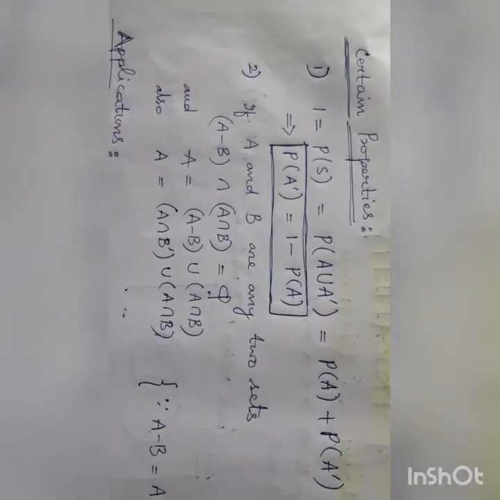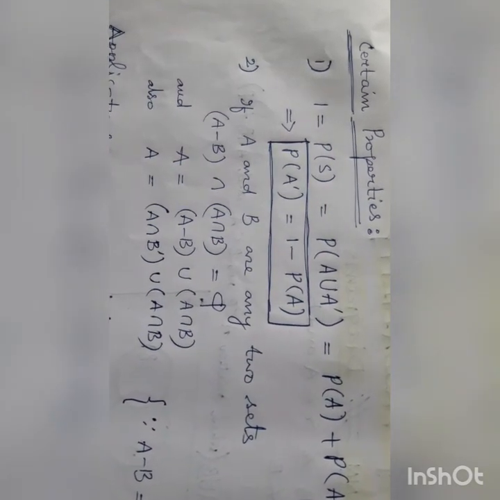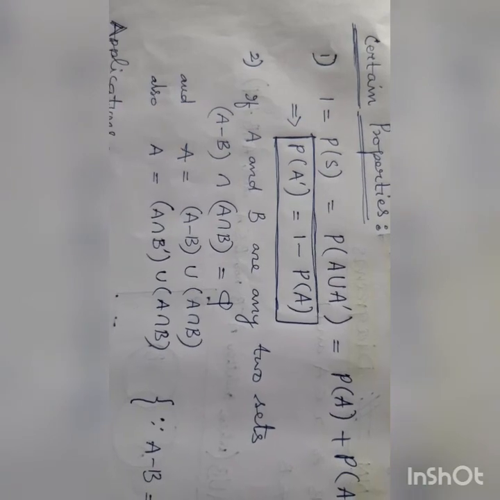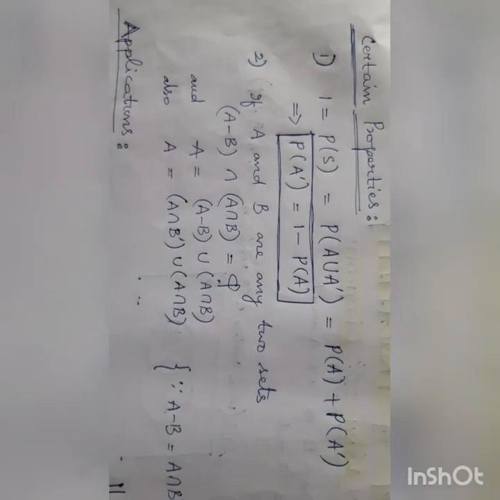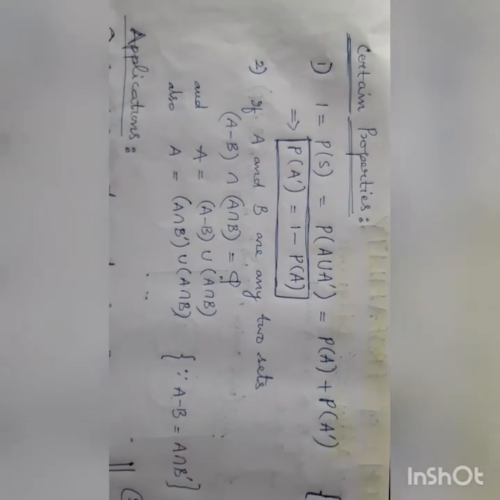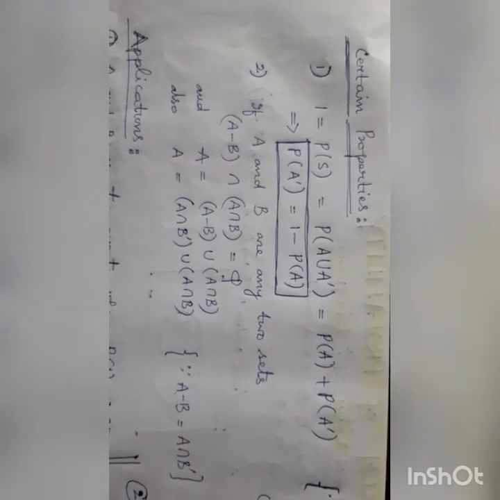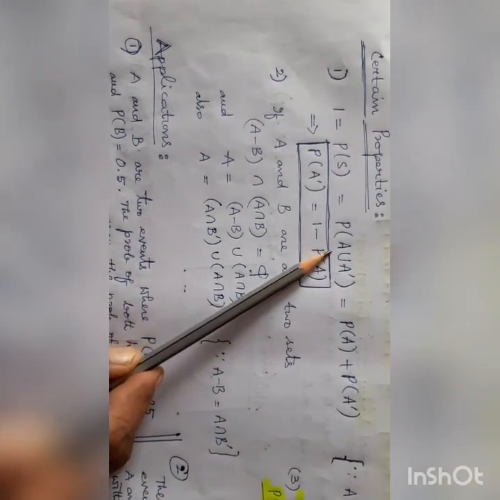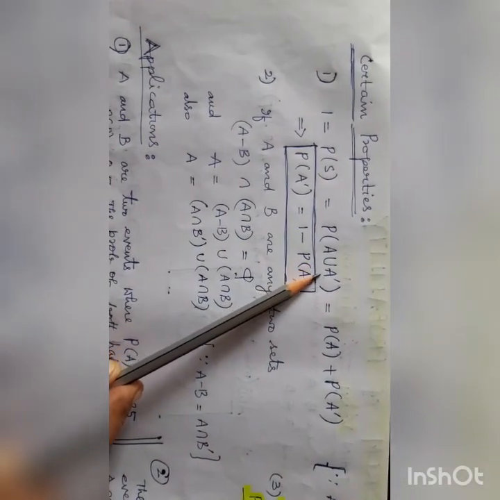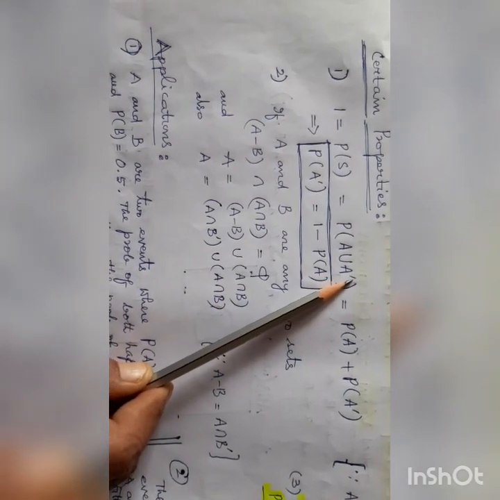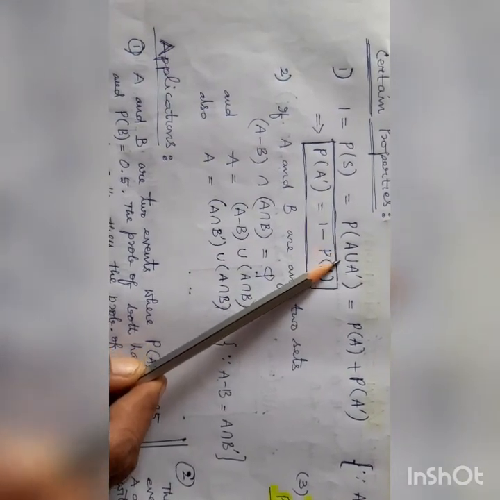Certain properties. 1 equals P(S). Everybody knows the probability of the sample space. Now A union A dash.